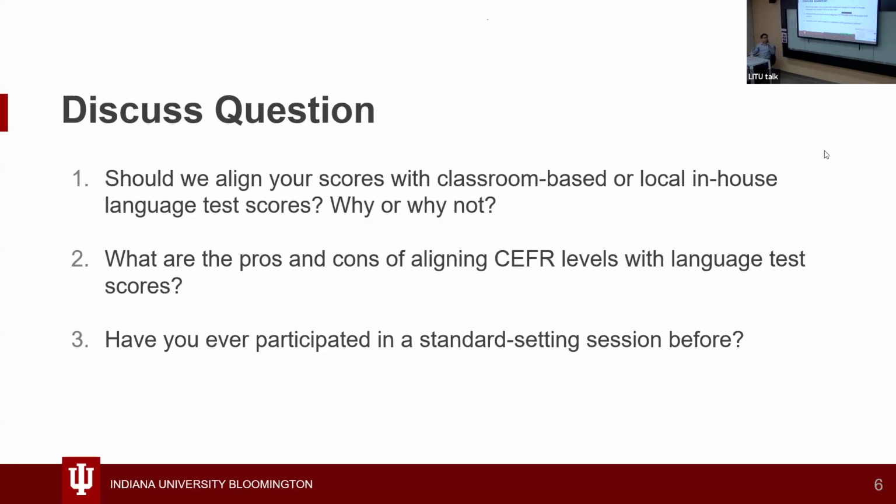So question 3 is about, have you ever been involved in setting the cut scores for a CEFR level? Yeah, like training sessions.